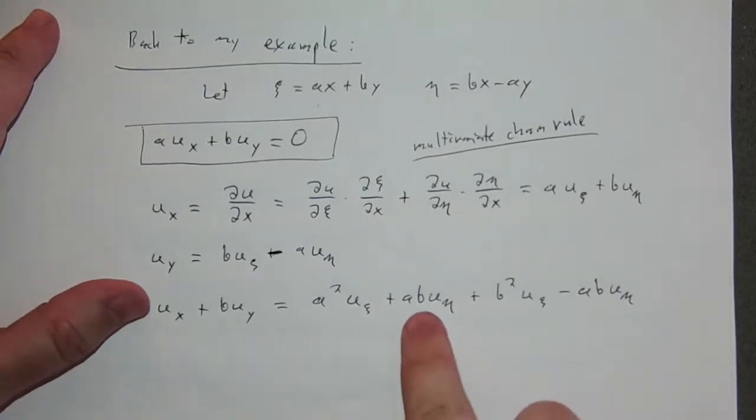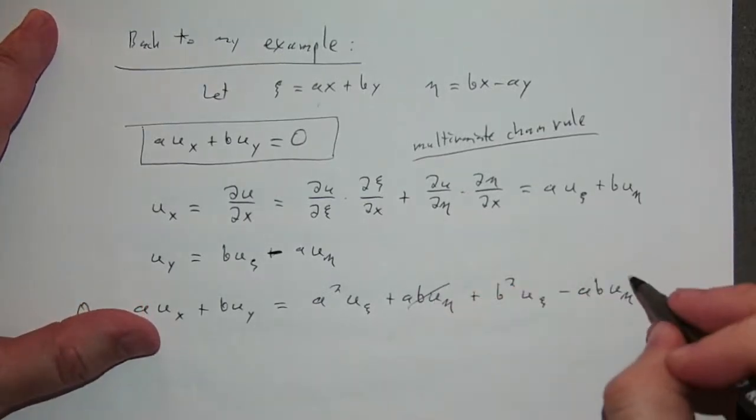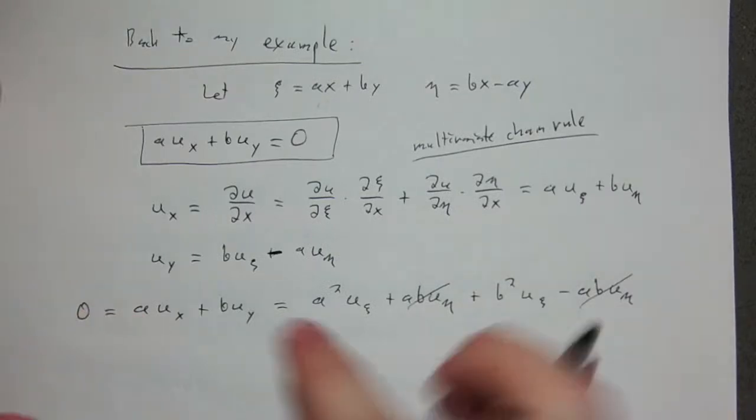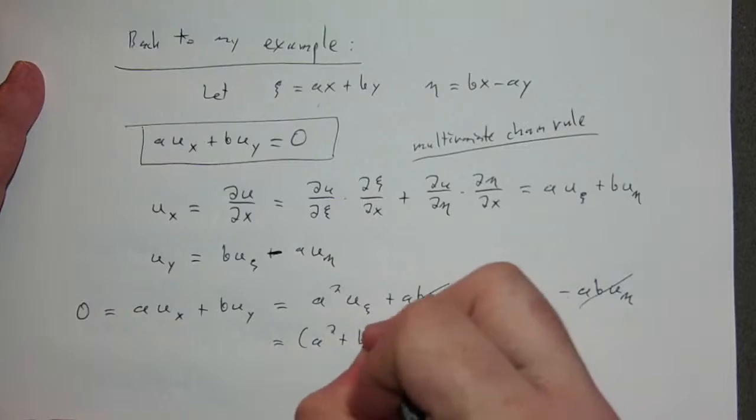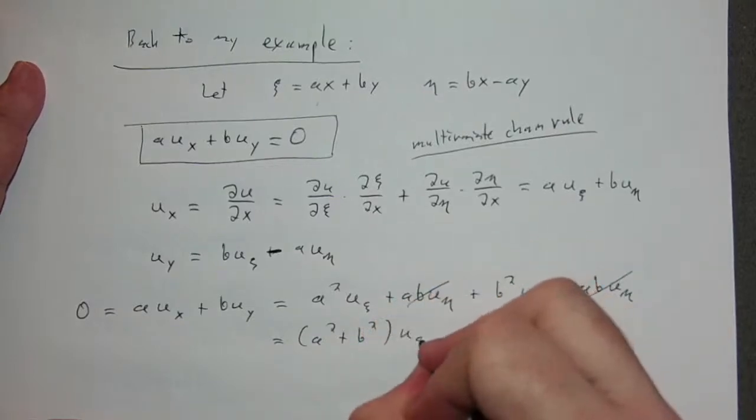So that ab u sub η cancels with minus ab u sub η, and this is equal to a squared plus b squared times u sub ξ.